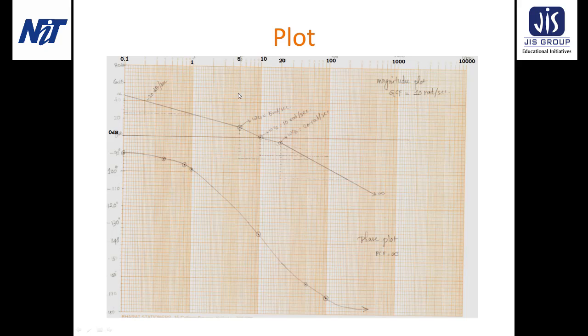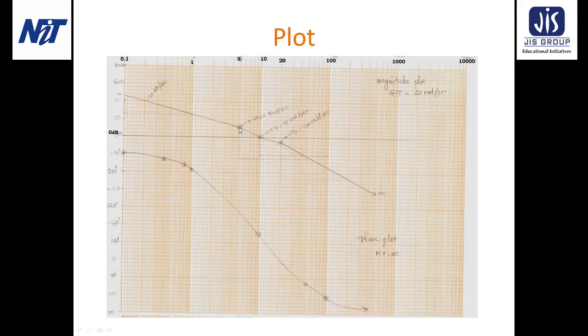So this one is 5. This one is 1. The next ones represent 2, 3, 4, 5. So up to 5, this is the minus 20 dB per decade slope. And this is the first corner frequency omega C1, and it represents 5 radian per second.